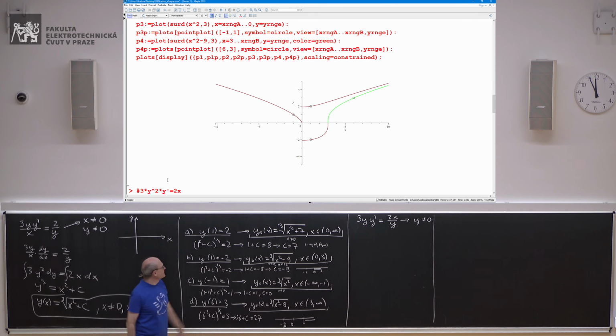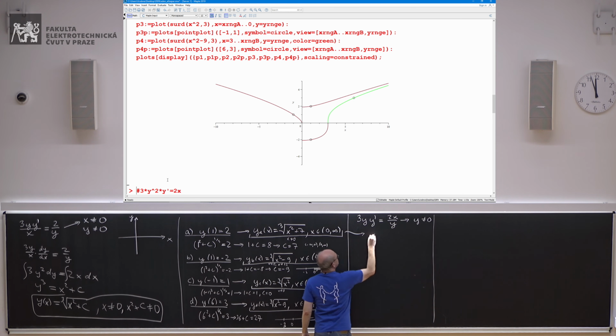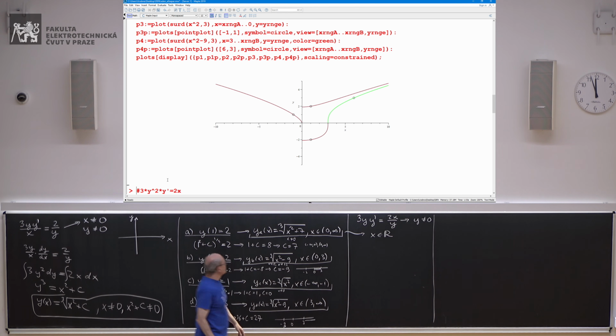Well, let's see. Part A. X squared plus 7 cubic root. We had one condition, x not being equal to 0, but this no longer applies. We only ask about y not being 0. So we want this to be non-zero, which is always. So there is a change. Okay. 3 conditions here.